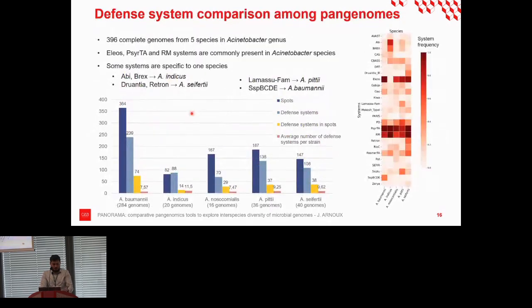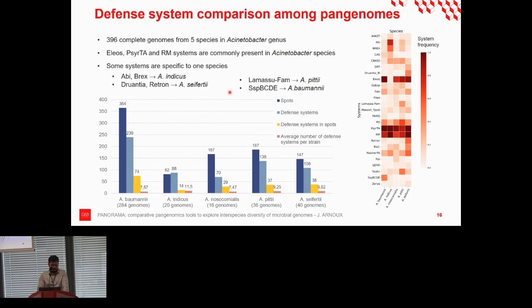So now I presented work on only one species, only one pangenome. Now we are currently comparing systems among pangenomes. For that, we chose the Acinetobacter genus. It's an interesting genus in our case because there are many spots and many systems in the different species, and we can easily link systems to spots.